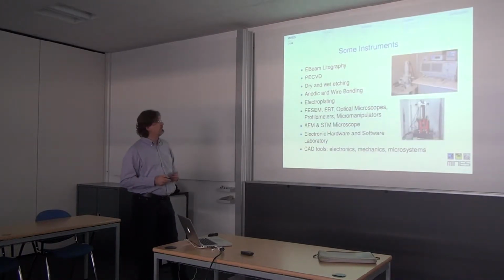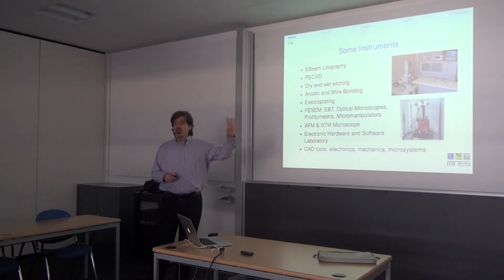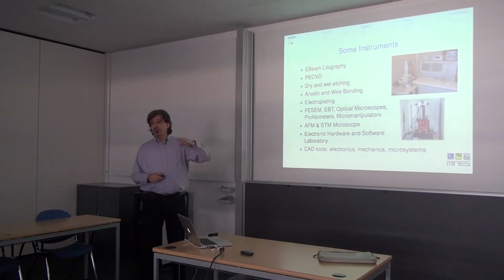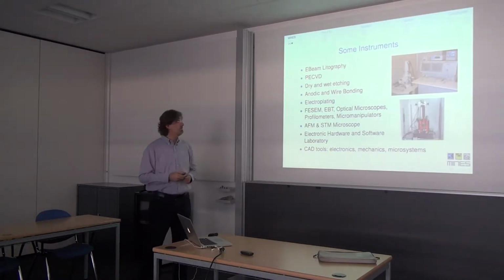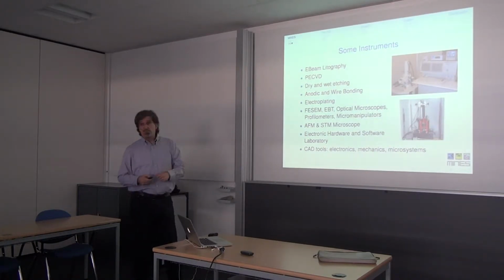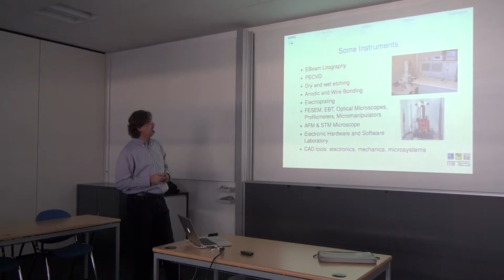So, a list of some instruments we have here. You also have the photo of the E-beam. So we have standard lithography, but also the possibility of E-beam lithography. We have a PECVD. We have benches for dry etching. Also we have deep reactive ion etching, and also benches for wet etching.